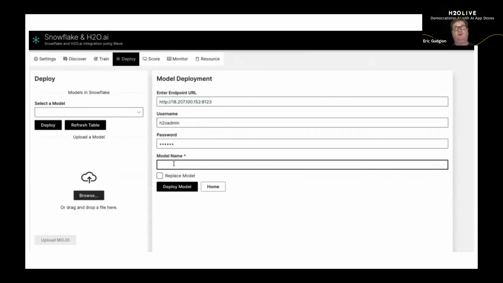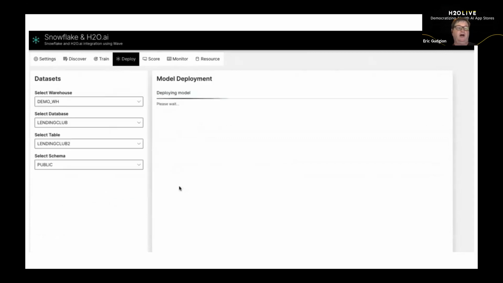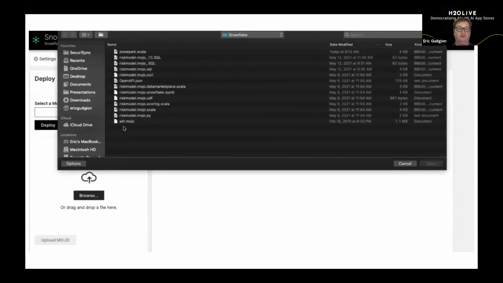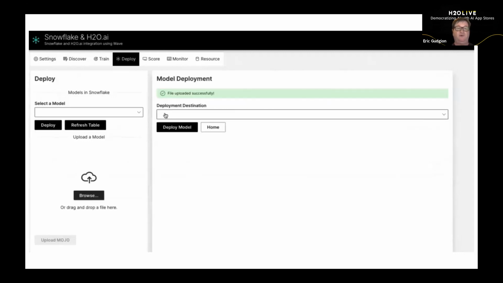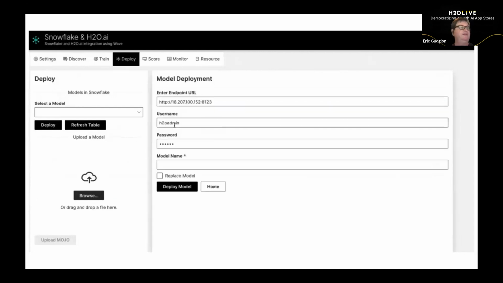Then we can pick how we want to deploy that model, and it will automatically upload and deploy into Snowflake and be available immediately so that you can score any of your data at scale. And then of course, any of the reporting, any of the drift detection that we do with Snowflake as that system of record is picked up straight away. A very powerful combination together.